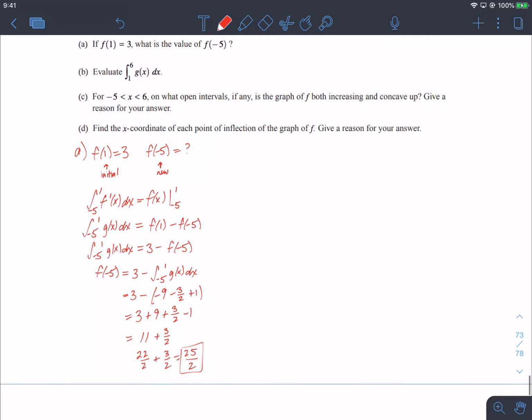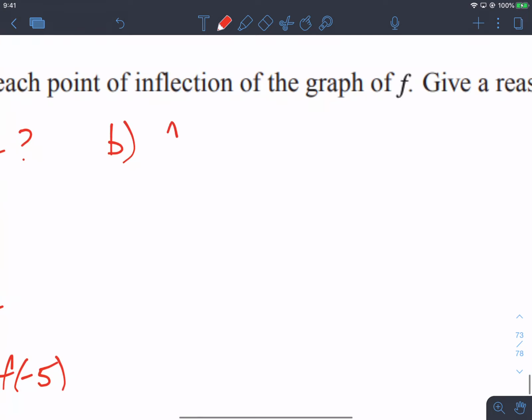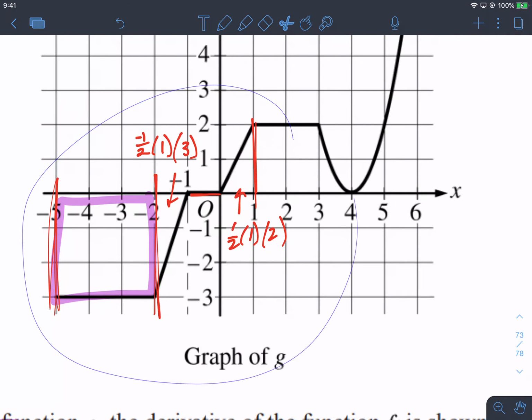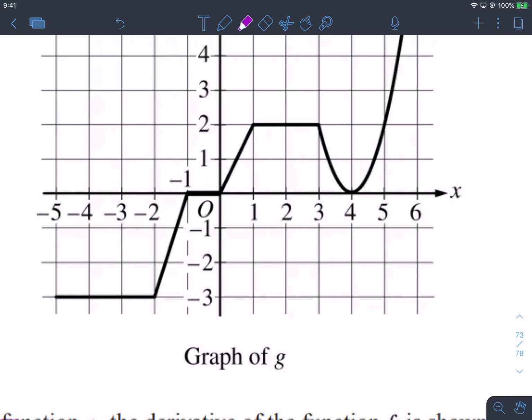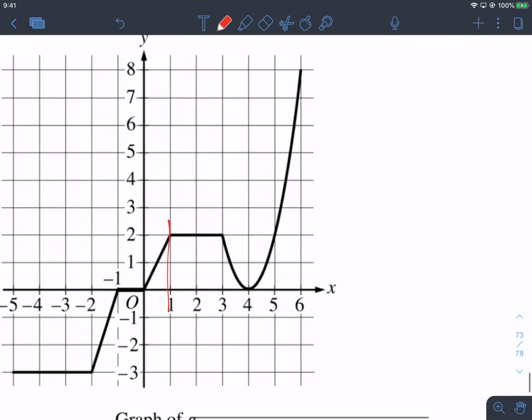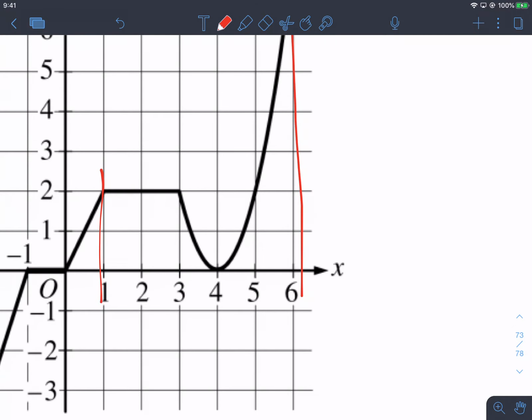For the next part, part B, evaluate the integral from 1 to 6 of g of x. Let's take a look at the graph and see what's going on. Let me erase some of this stuff. So from 1 to 6, it looks like I have a box and then the parabola.